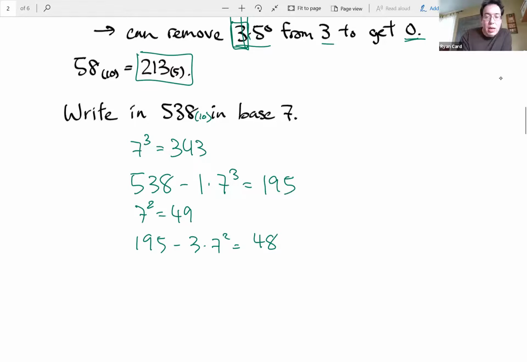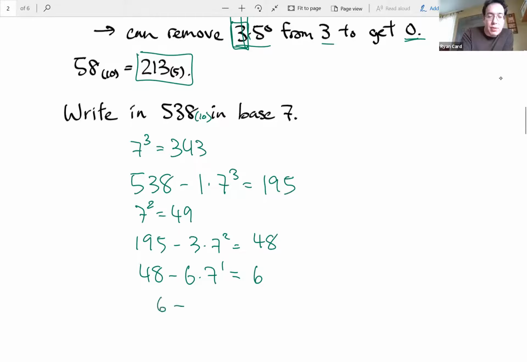Okay. So now I'm trying to subtract copies of 7. So 7 times 7 is 49. 48 is less than that. So I can take out 6 copies of 7 from here. So 48 minus 6 times 7 to the 1st power. So 48 minus 42 is 6.